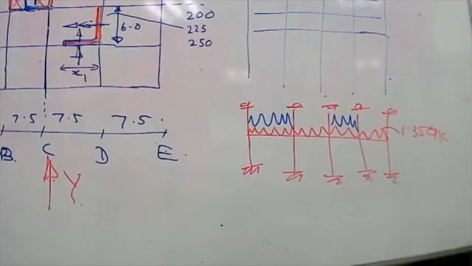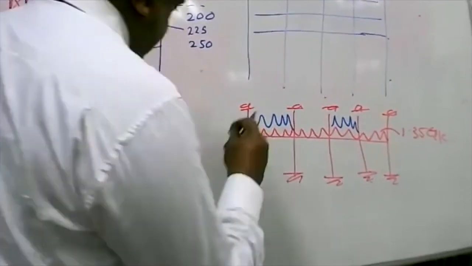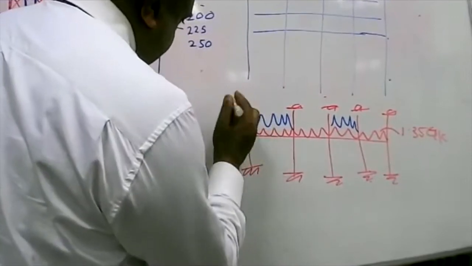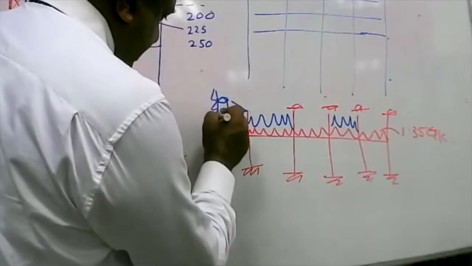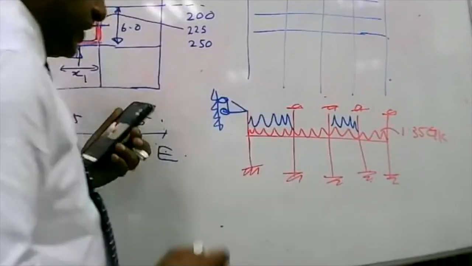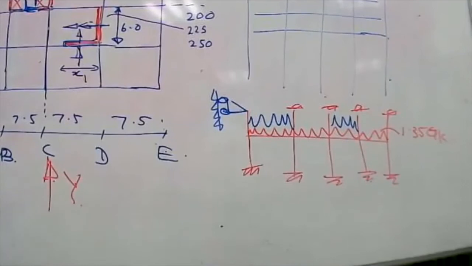That can be decided. So how do we analyze this? The easiest thing is to use simple software like SAP 2000. You can make a model of this subframe on SAP 2000. The most important thing is that rather than fixity, it is a joint like this. This joint can't move horizontally, but it can move vertically.